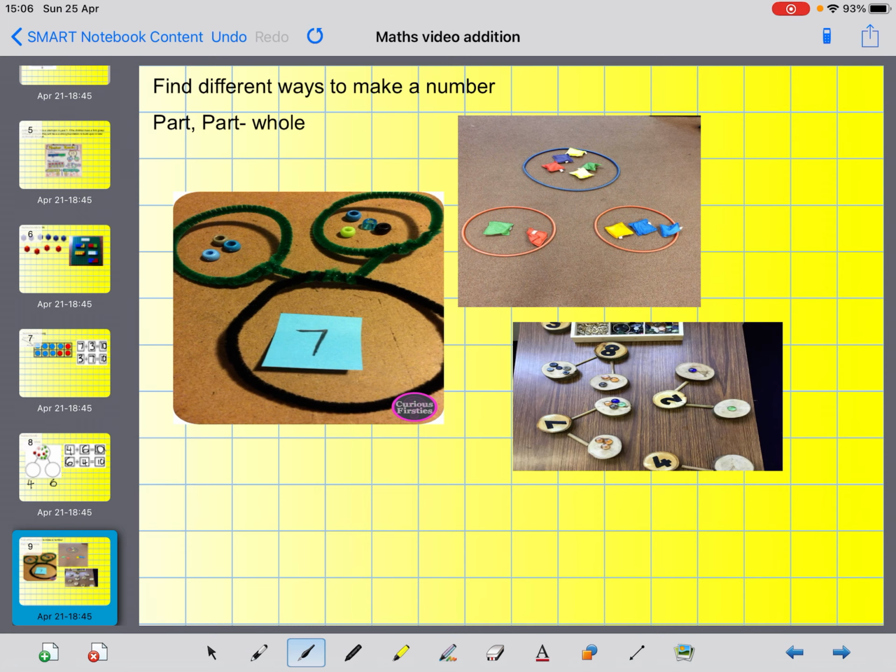There are also different ways to make a number. In our school, we use, for example, different strategies using the part model, such as hula hoops and bean bags, pipe cleaners and beads.